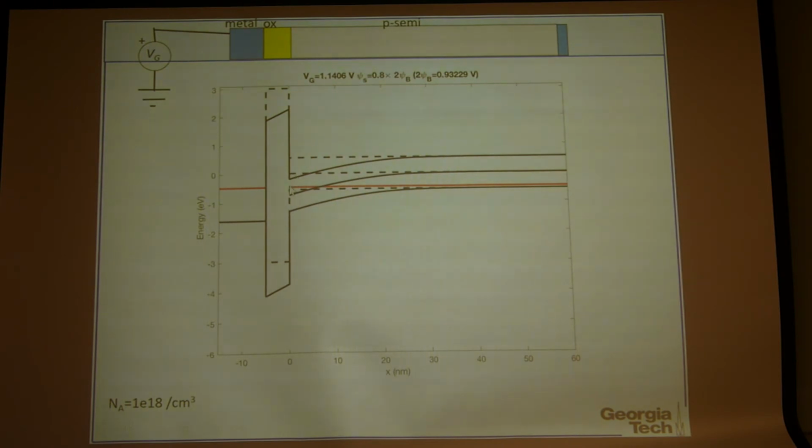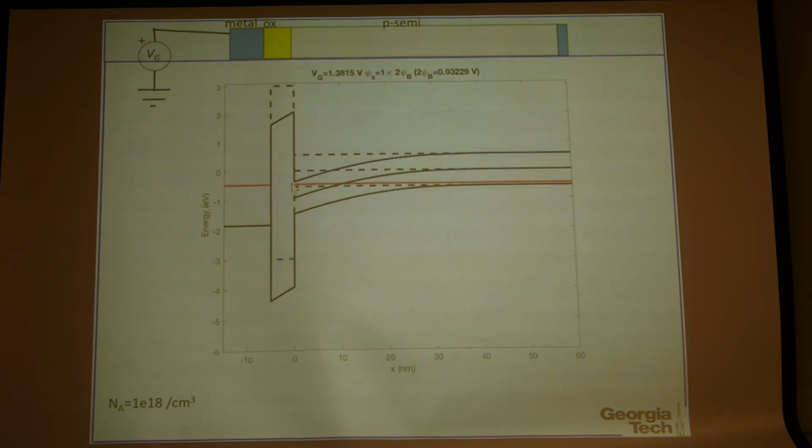That means it becomes n-type. And we define here when the phi s equals 2 phi b, this is the threshold condition. So this phi s is how much the band is bent down. This is the phi s.